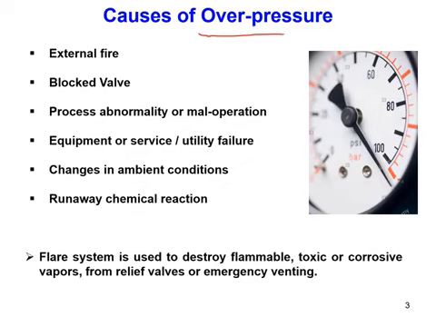If we have a flammable vapor like hydrocarbon, or toxic and corrosive vapors, we usually use the flaring system to burn these gases and then send them to the atmosphere. Also some gases that are coming from relief valves, I mean the safety valves, and also from emergency venting, we send them to the flare and we burn them.